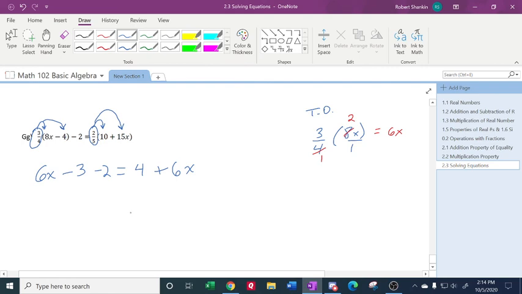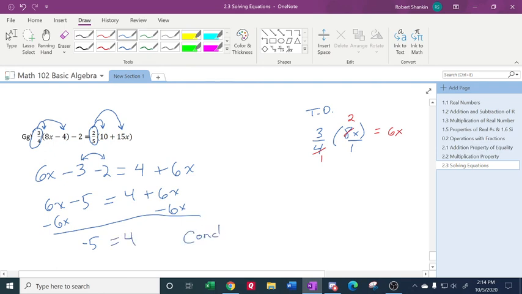Alright, so we got rid of the fractions by just distributing them in. And then these two are like terms. So we always have to put together the like terms that are on the same side of the equation first. And then we're going to go from here. I'm going to subtract 6x. And I get negative 5 equals 4.